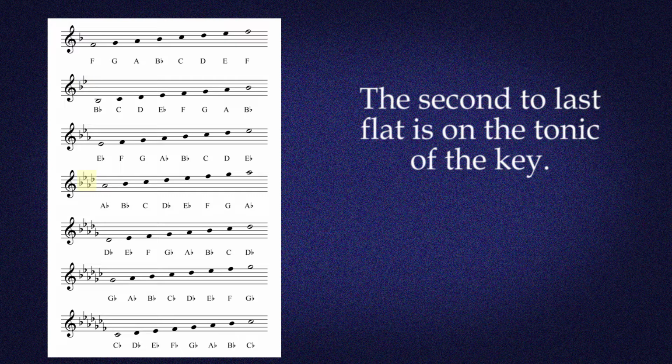For A flat, we have 4 flats, B flat, E flat, A flat, and D flat. Again, it's the second to the last one, in this case A flat. And remember, these flats must be written in the order that they are added as we work away from the C scale. Otherwise, this trick won't work.